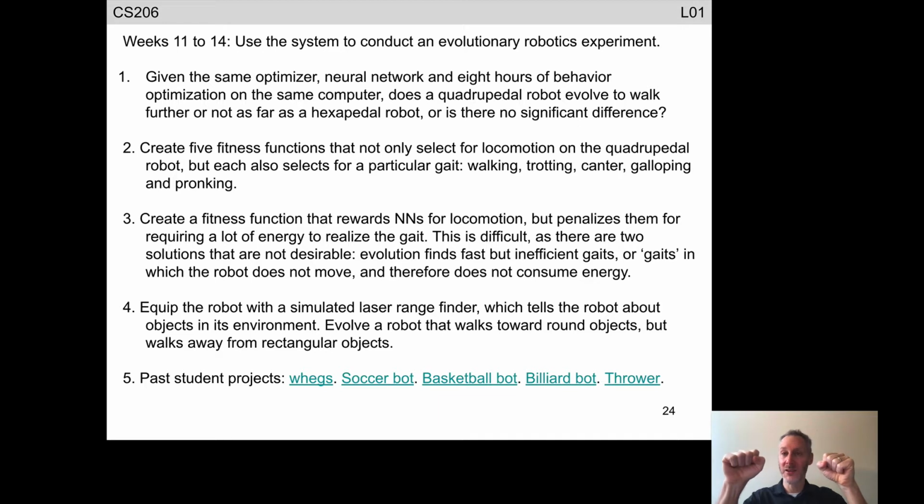How far does the hexapedal robot get? If you have enough time, you'll do 8 hours on the quadruped, 8 hours on the hexapod, 8 on the quad, 8 on the hex, night after night after night, and you'll get a growing set of experiments of evolving these robots with different body plans. Which one evolves to travel further? And does that give you an insight into why? So this is sort of a final project about the biomechanics of how 4-legged and 6-legged animals move.